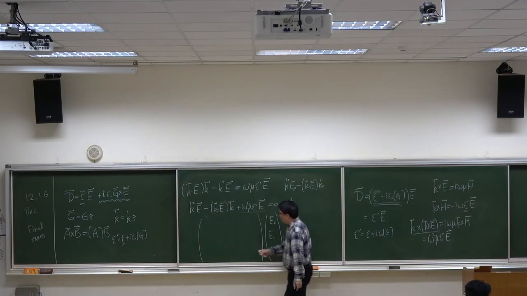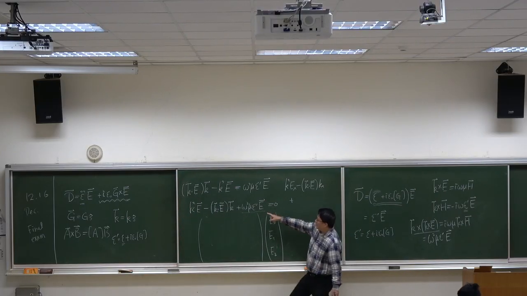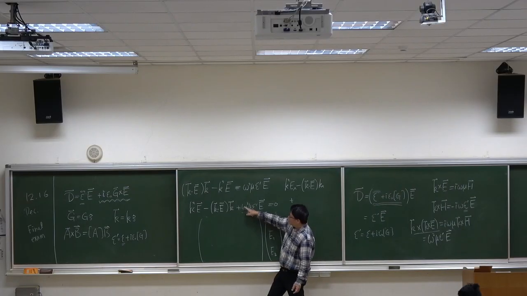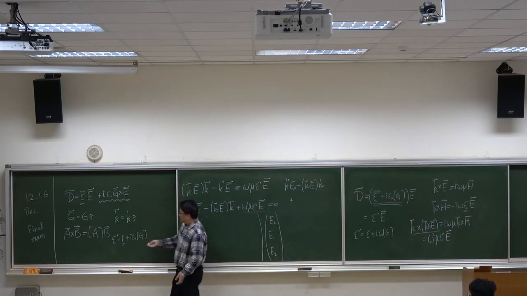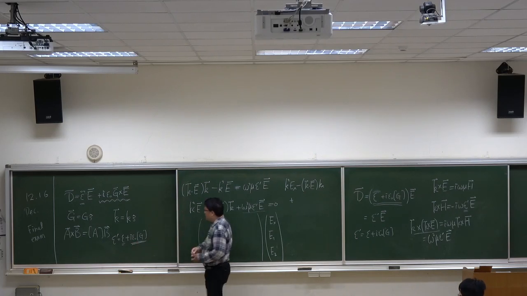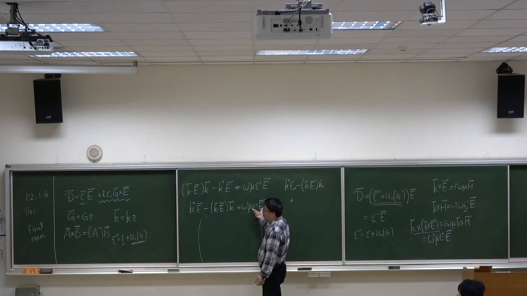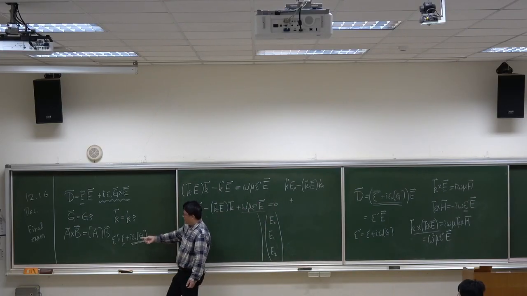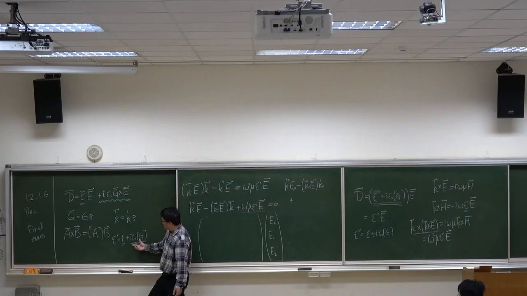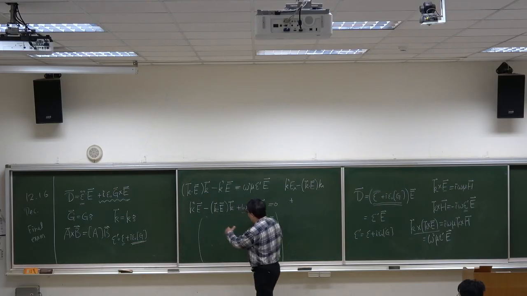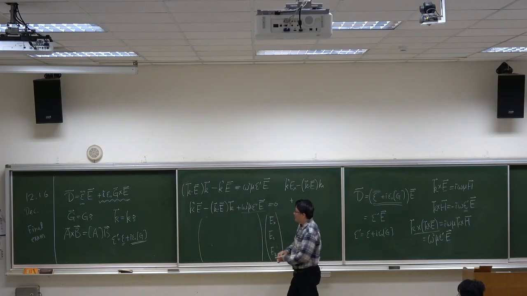So in that case, the x component of this is just equal to omega squared mu epsilon x times Ex. However, now since we have this term, this is no longer as simple as epsilon x times Ex. Instead, we have a correction term here. So this becomes more complicated.